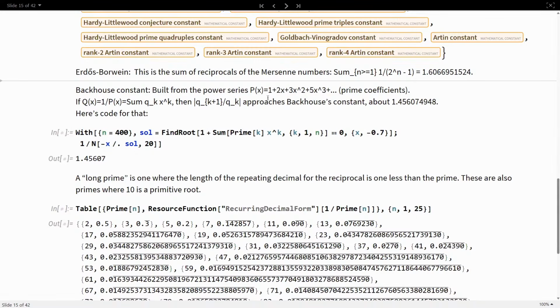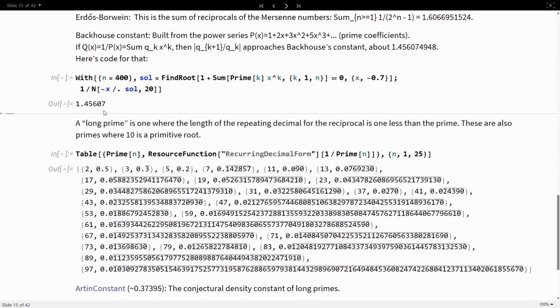The Backhouse constant looks at a constructed polynomial, 1 plus 2 to the x plus 3 to the x squared plus 5x to the third, where you're taking the primes and repeating them in a certain way. And that has this particular root here.